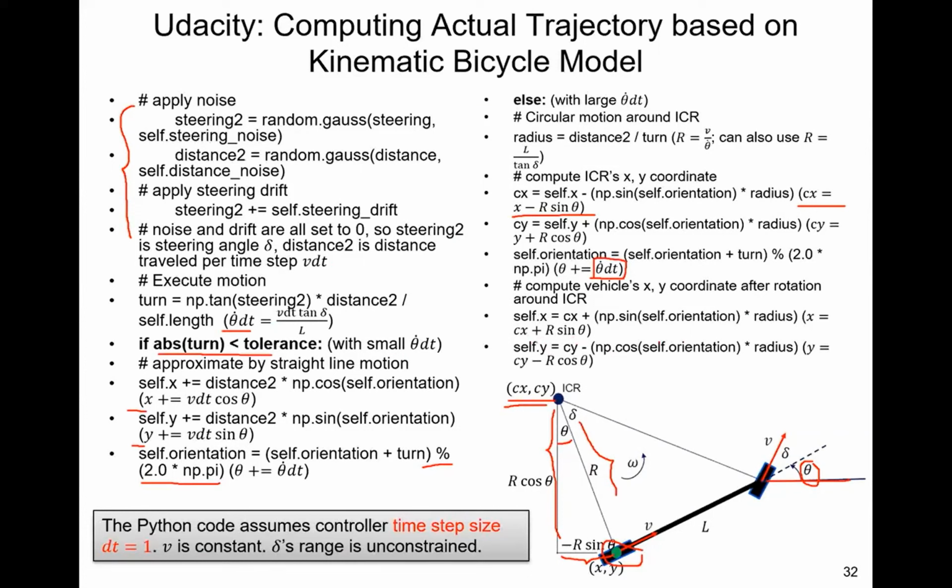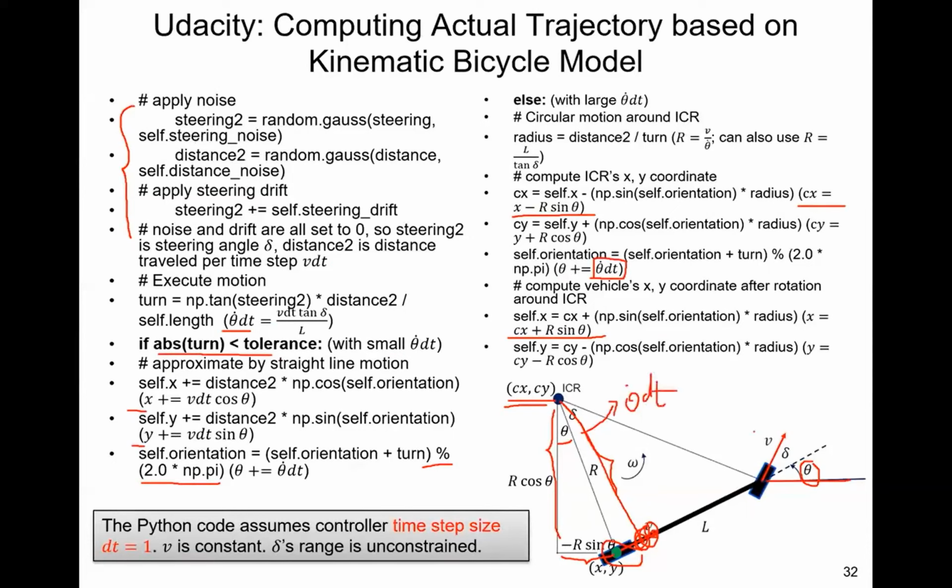From the ICR's coordinates, you perform a reverse derivation to get the XY coordinate of the rear wheel. Perhaps there's a small rotational motion, and the new position is perhaps in here, and this angle here is theta dot dt.